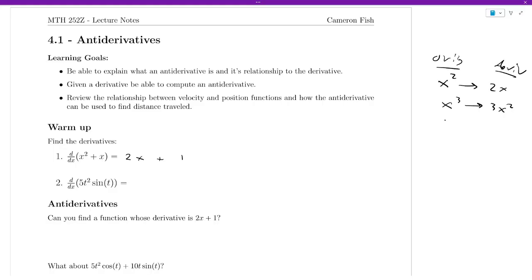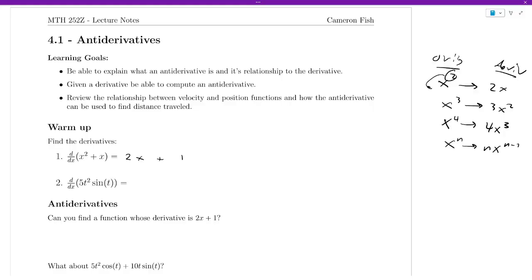And we learned a bunch of other rules, but this is one of our most important ones, maybe called the power rule, because there's a power on the x, and our general pattern was the power on the x comes down in front, and it goes down by 1. So like here the 3 turns into a 2, here the 4 turns into a 3, and that was our rule. We could write this generally as x to the n goes to n times x to the n minus 1.